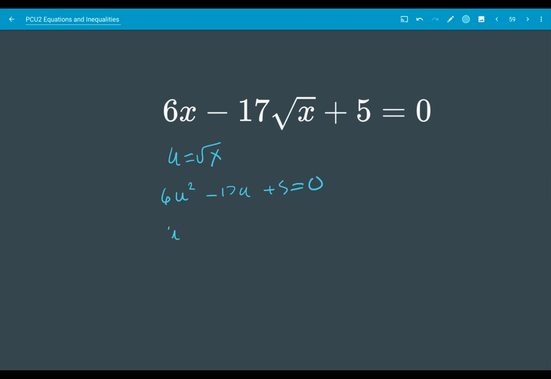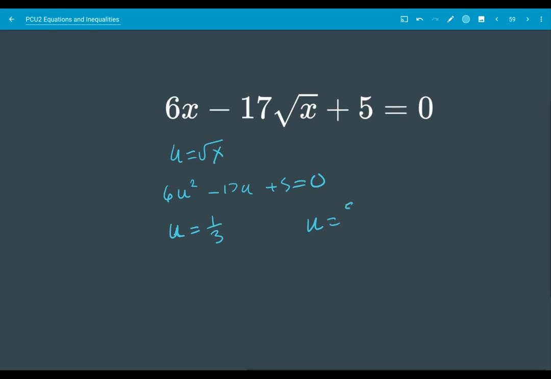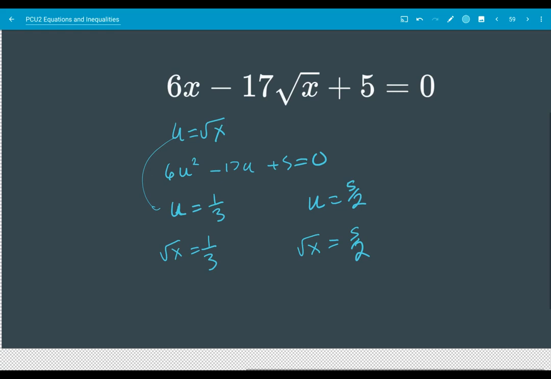We get u equal to 1/3 and u equal to 5/2. Now remember, it's not u. We don't want u, we want x. So we put this back in. We have the square root of x equals 1/3, and the square root of x equals 5/2.